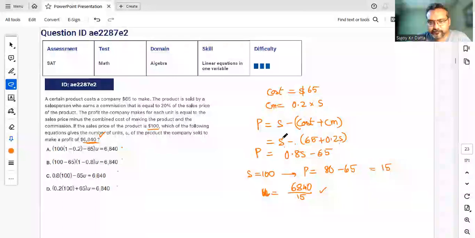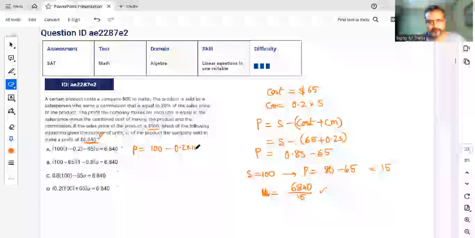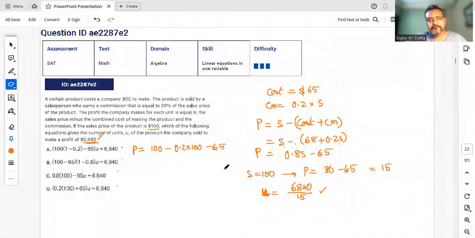So we say that the profit would be, in our case, we'll not plug in values. We'll just keep it and we'll not calculate. So 100 times, so S minus 0.2 S, right? S minus 0.2 S. So it would be 100 minus 0.2 times 100 minus 65.